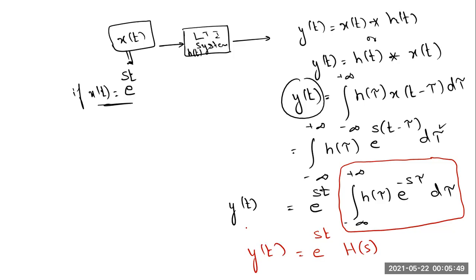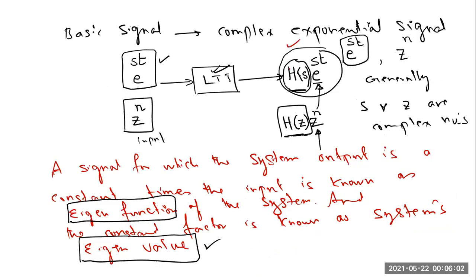So I have proved right in front of you that if input is e raised to power st, output is also e raised to power st multiplied with this factor. And this is what I used over here. So now you know this is not just guess.